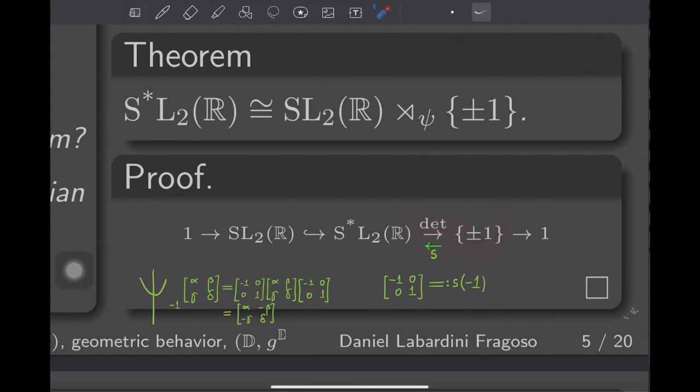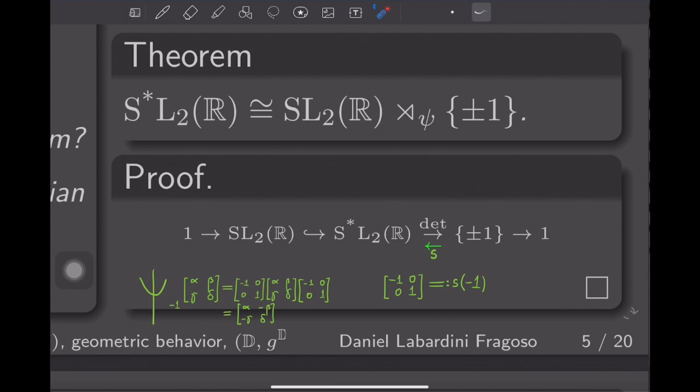For that, I only need to produce a matrix different from the identity matrix, but also whose square is equal to 1, because I want S to be a group homomorphism. One such splitting is just given by sending minus 1 to this matrix.